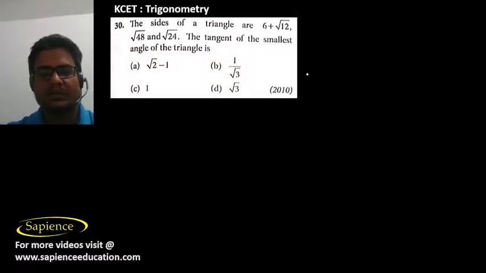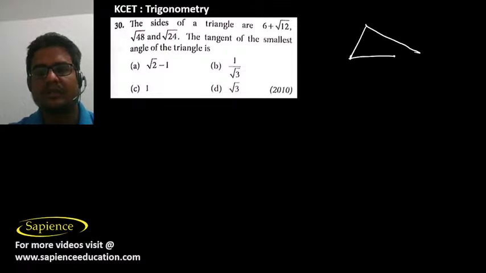Then here it is told that the sides of a triangle, so here one triangle we are having, which is suppose triangle ABC. Now these are the sides A, B and C. The sides are given as 6 plus root 12 and root over 48, and this is root over 24.